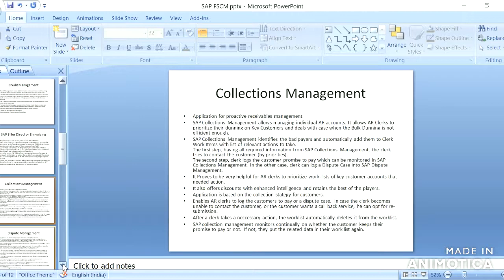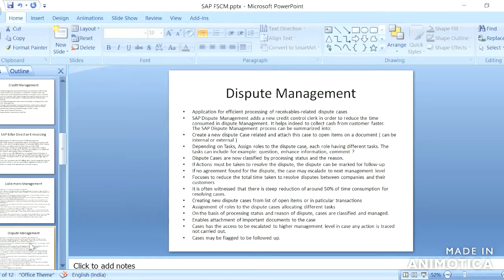Let us move on to the next one, dispute management. In the previous slide, in collection management, we discussed two words. When the clerk contacts the customer, he will raise a promise to pay or a dispute case.